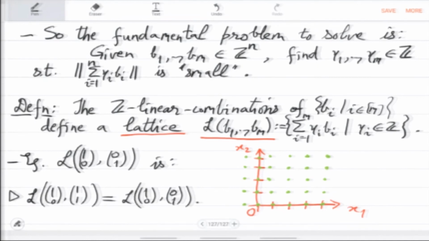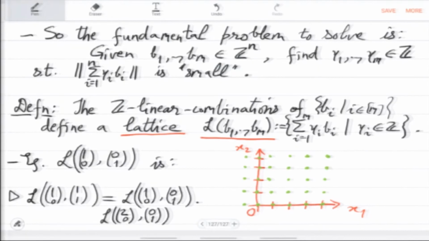On the other hand, if you look at 2 0 and 0 1, what do you think about this lattice? Do you think this is the same as before?